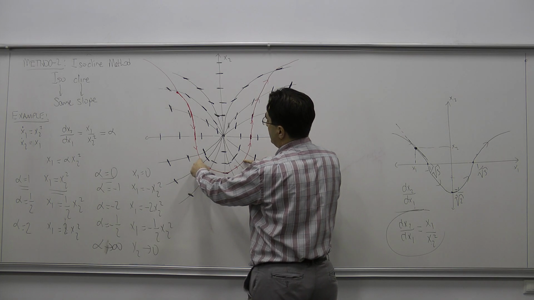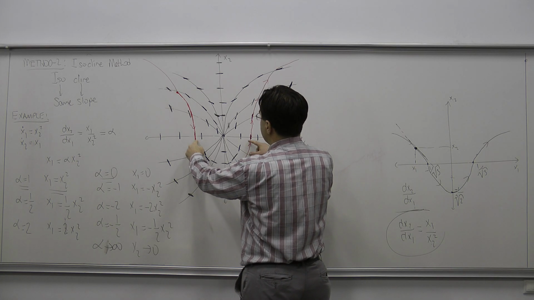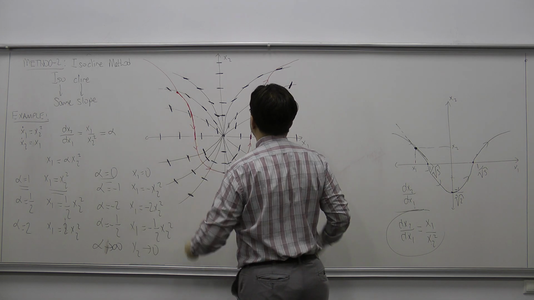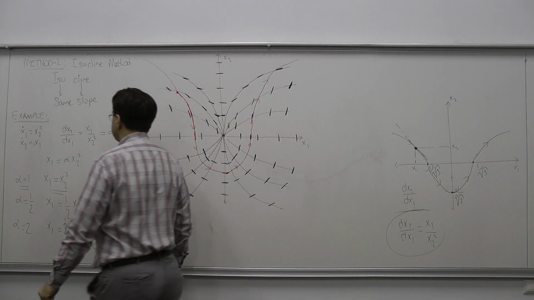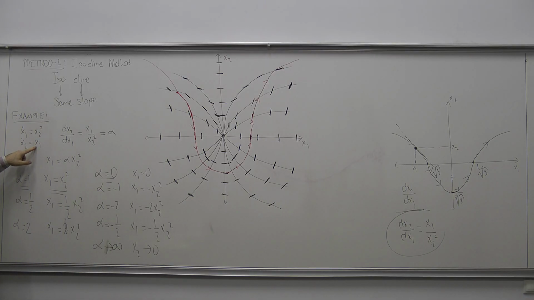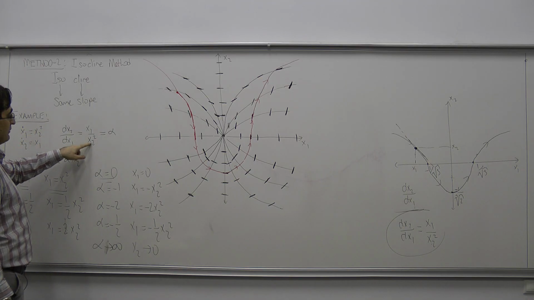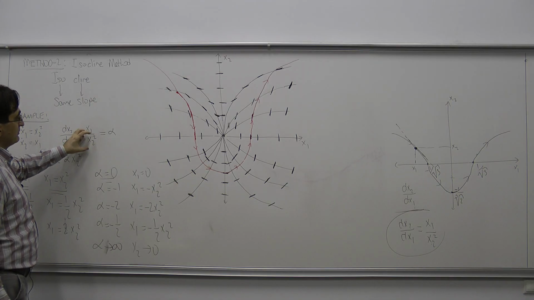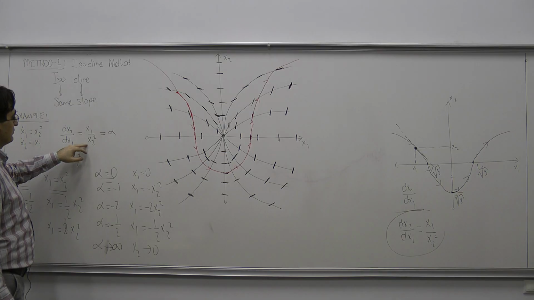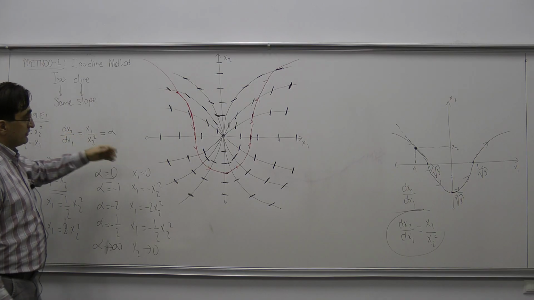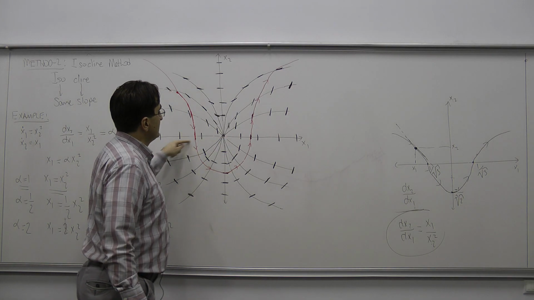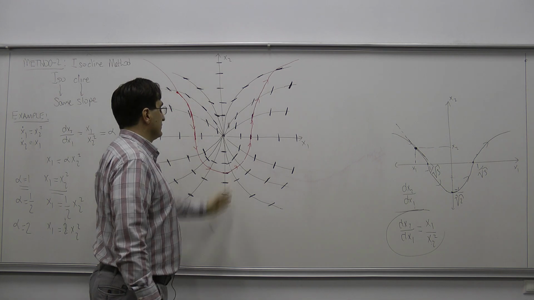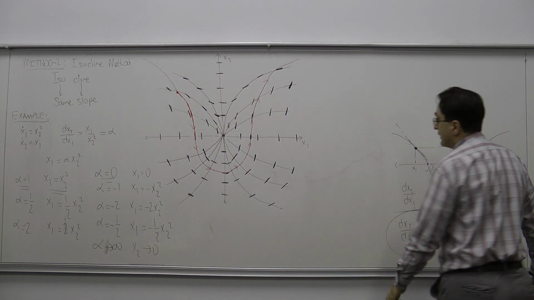I have opposite slope values, because of this x1 here. All right. Because x2 really doesn't change the slope at all. X2 being positive or negative does not matter. It all becomes the same. So there is no symmetry with respect to x2, but if x1 is positive or negative, and x2 is the same, I have a symmetry of these trajectories around this axis.